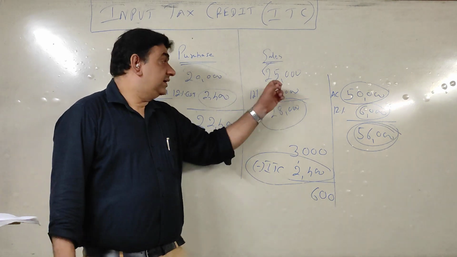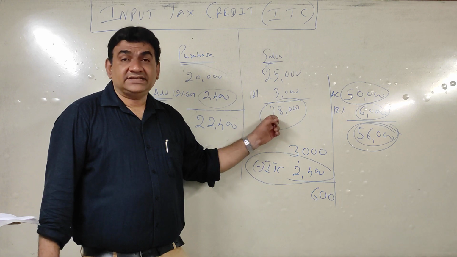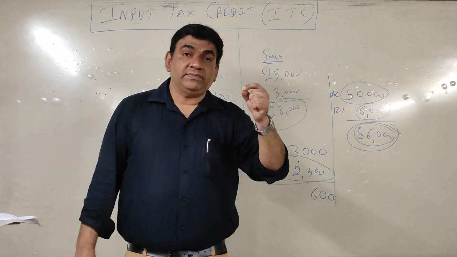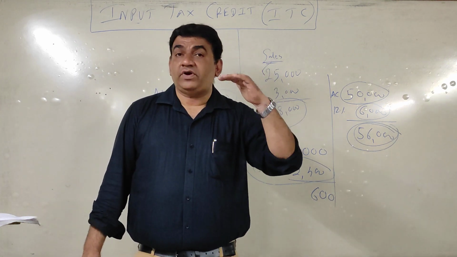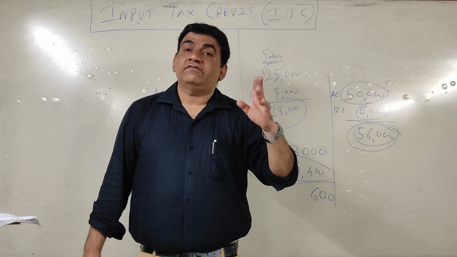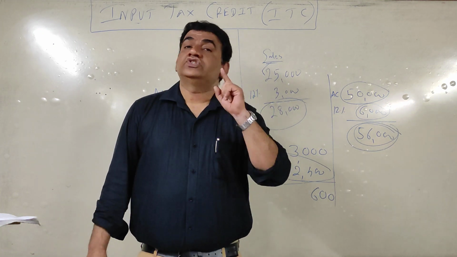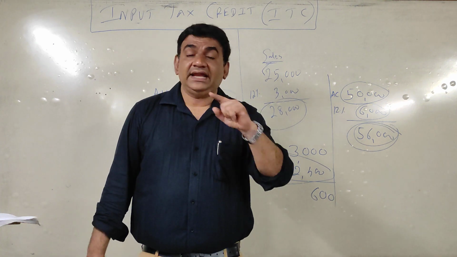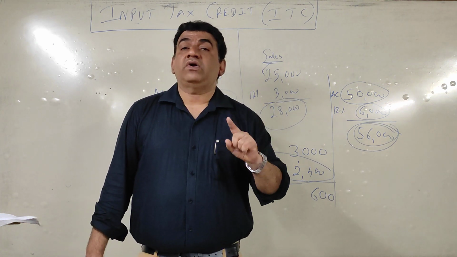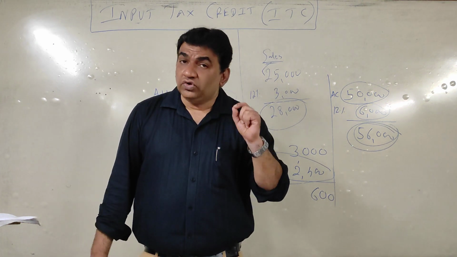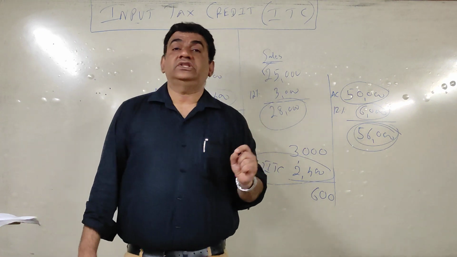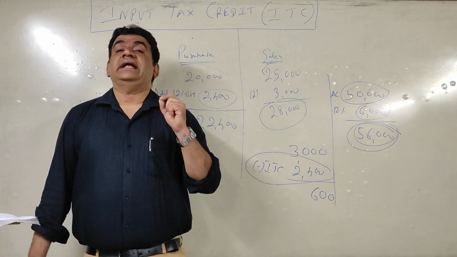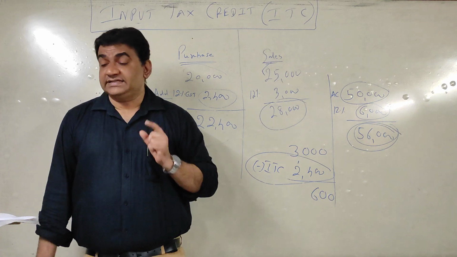In the composition scheme, sellers cannot collect tax because they are those people whose turnover is less than 1.5 crores. They can pay full tax together. So since they cannot collect tax on every sale, they will not claim ITC. So those dealers who are registered under the composition scheme cannot claim ITC.